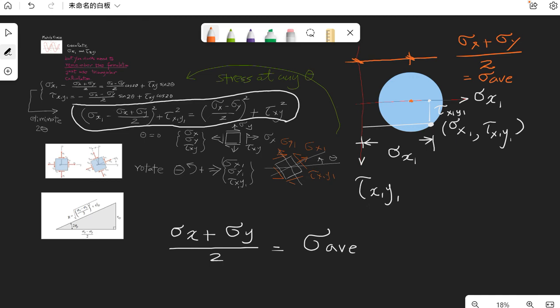And when you minus, so this distance should be equal to this distance, and we need to write down here.